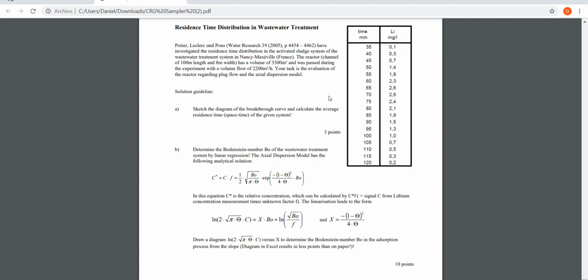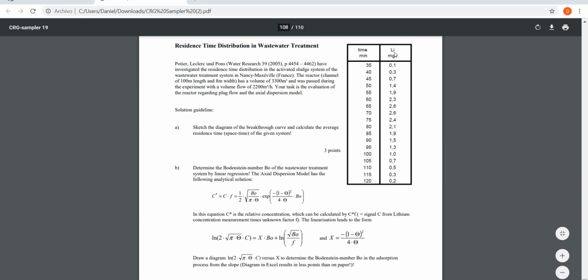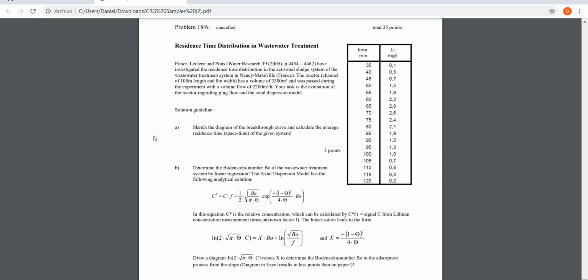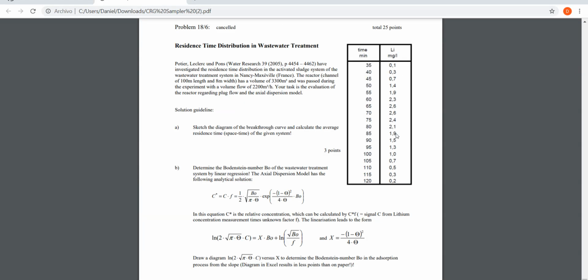Here we have the residence time and the concentration, and let's read the solution guideline. Point A: sketch the diagram of the breakthrough curve and calculate the average residence time, space-time, of the given system. I already copied and pasted the values so it doesn't take too much time.